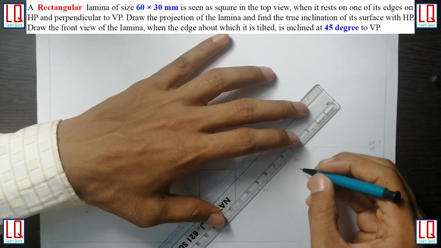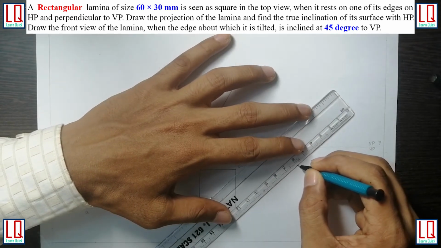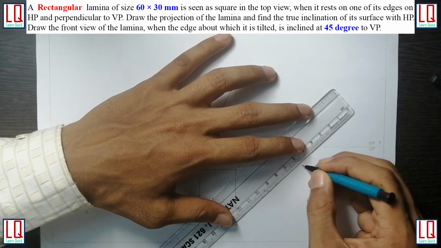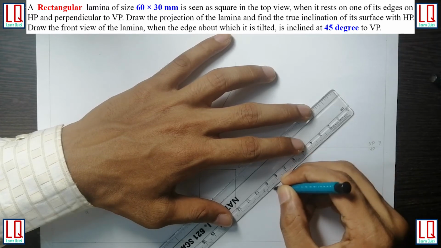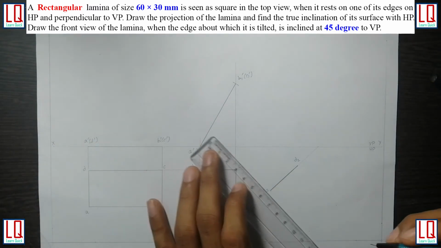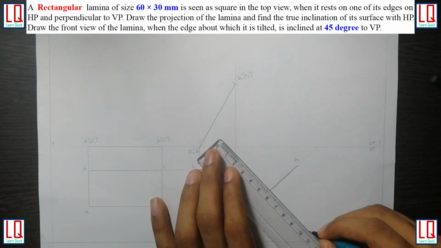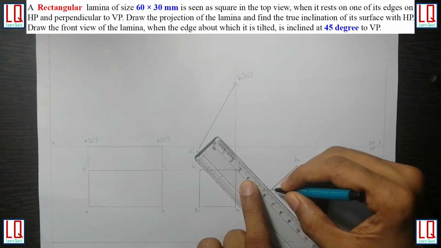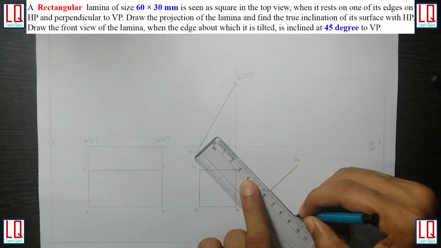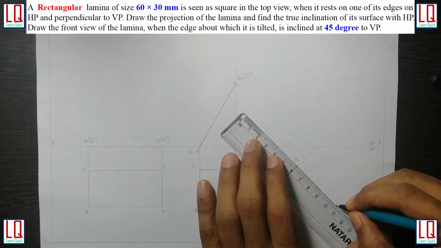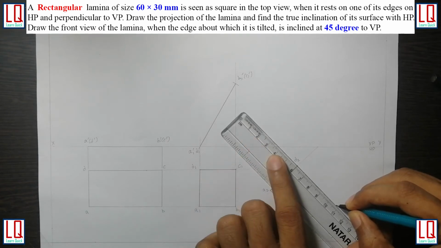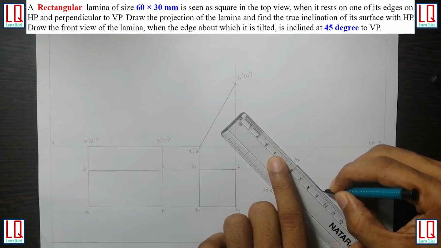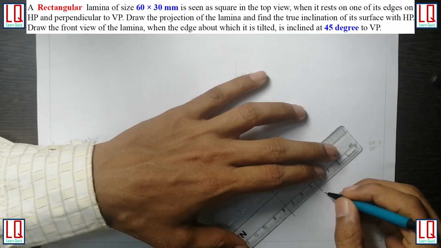Since this is my final view of the rectangle, I use my HB pencil to draw the top view. AD, and I am drawing AB, DC and then CB.